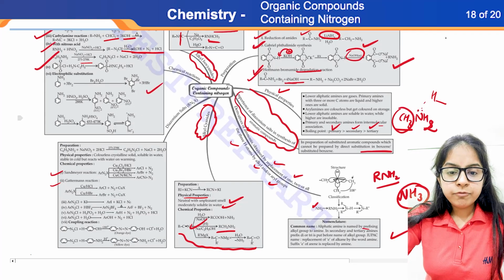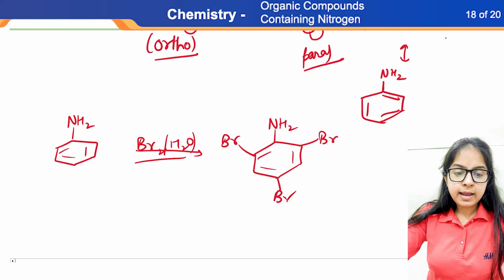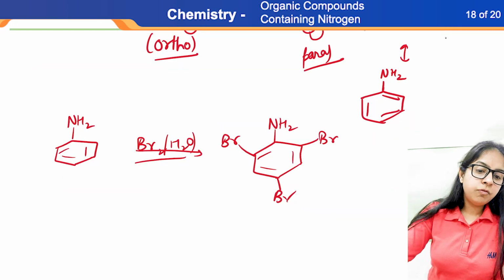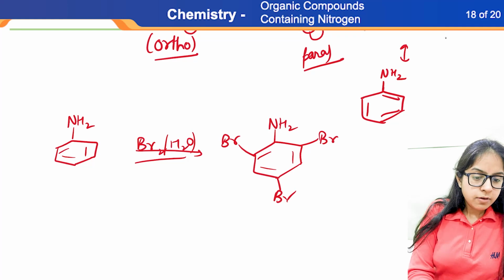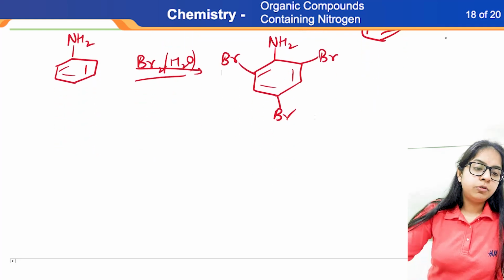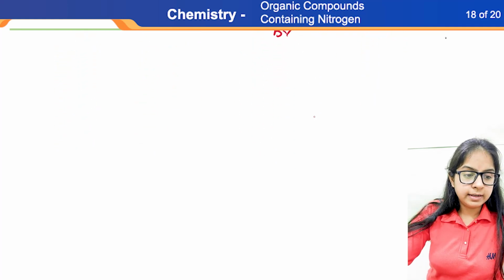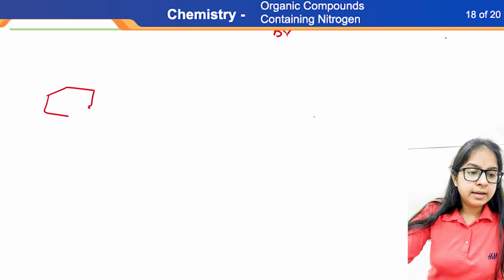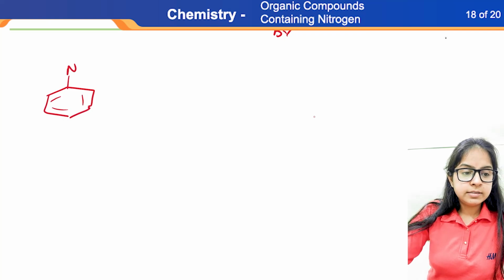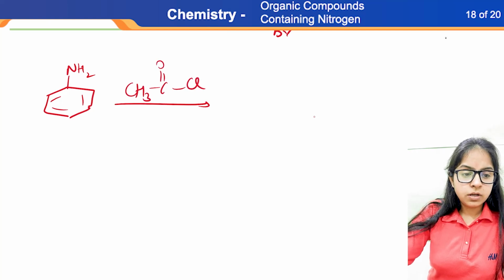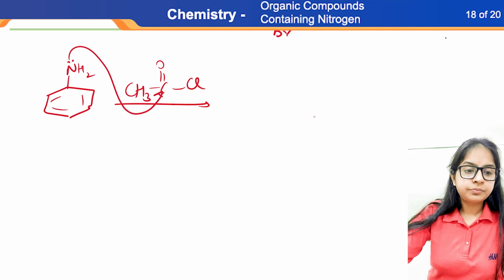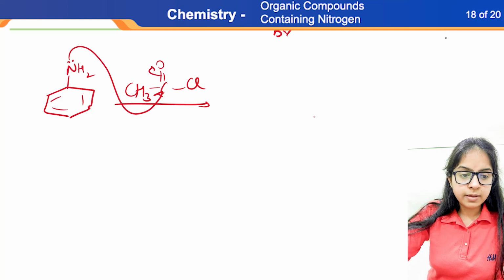But if we do not want the Br at all the three positions, then how can we control this reaction? We can control this reaction by putting an acetyl group on aniline. I have this NH2, I have this CH3COCl. Okay, now nitrogen is going to attack on this carbon. Carbon cannot form 5 bonds.